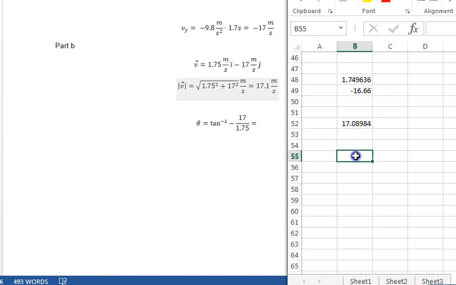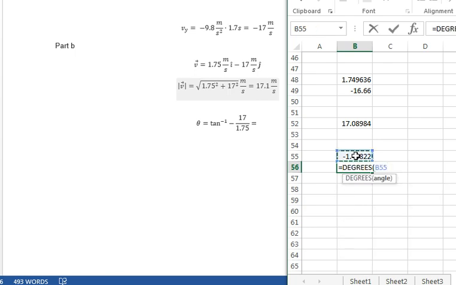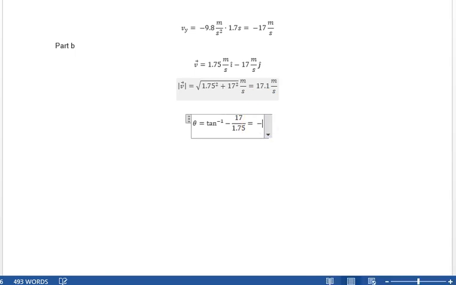Equals atan of minus 17 divided by 1.75. That's in radians, so we have to convert it over to degrees. So minus 84 degrees. All right, so 17.1 meters per second at minus 84 degrees. And that's the answer for part B. And we're done with Chapter 3 homework.